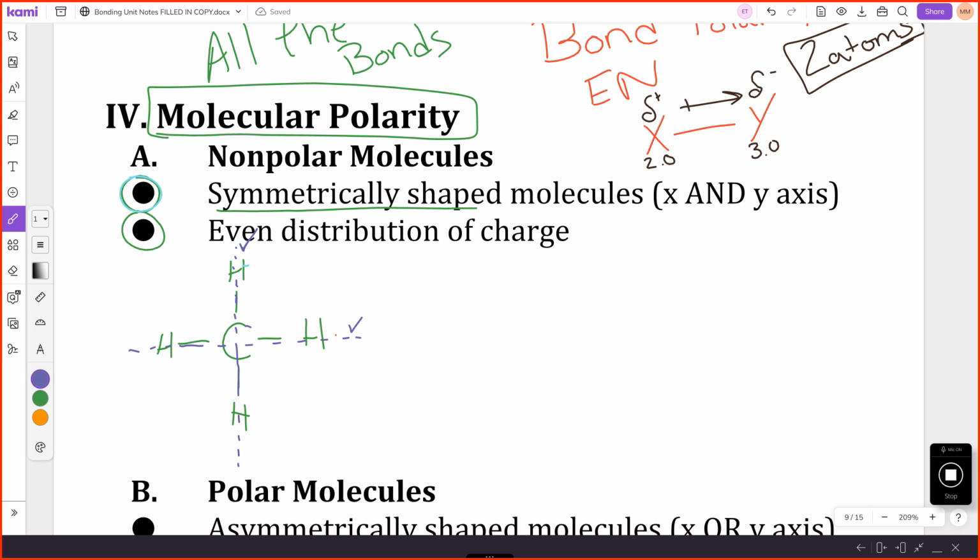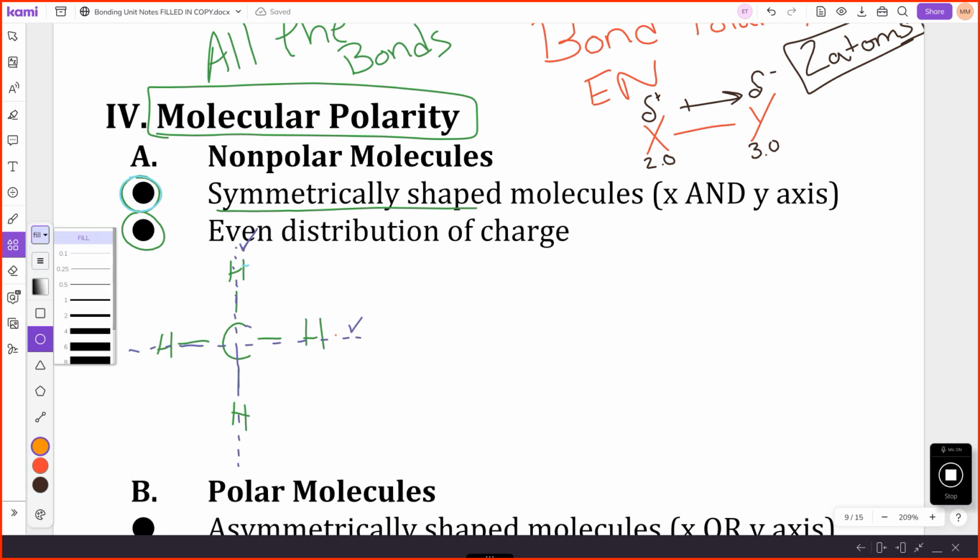The one thing I want you to really keep in mind, because some people may be asking this question right now, you might be thinking, well, wait a second. This carbon right here in the middle, half of it has the curvy side and the other half does not have the curvy side. You can't look at the letters, folks.